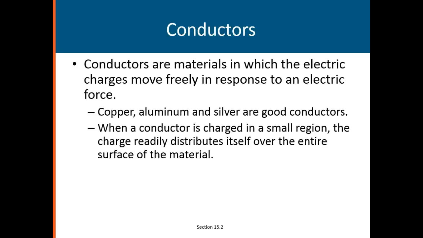Most of the time, that will be your metals. The very best conductor is actually silver. So why don't we wire our houses with silver? It's a better conductor than copper. Way too expensive. That's the number one reason. But there are actually other reasons too.